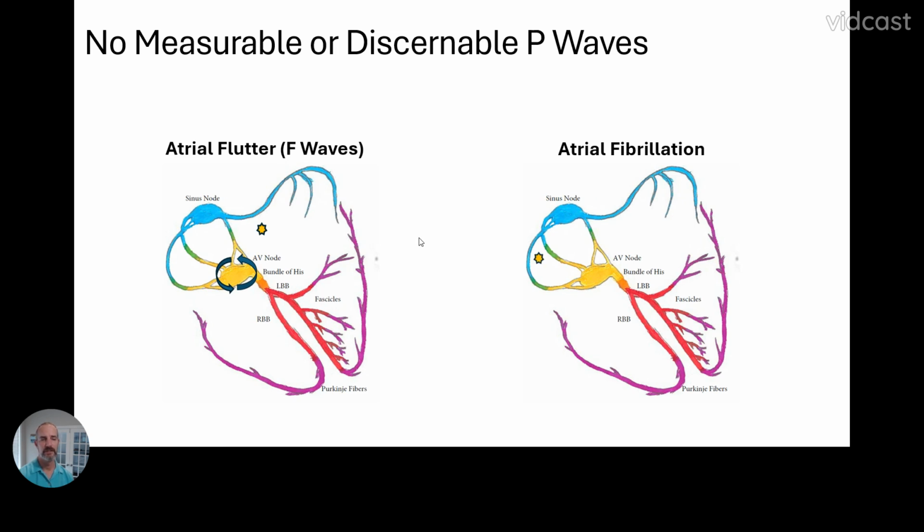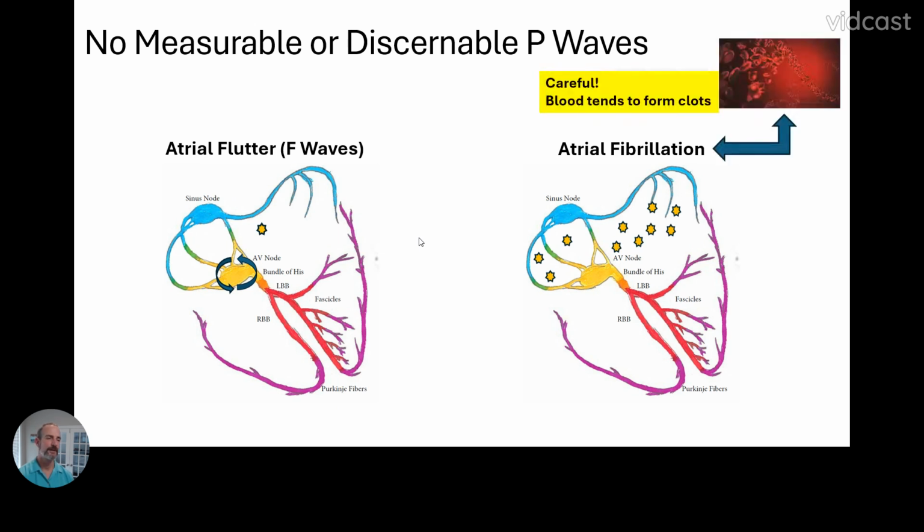All right, and then moving into atrial fibrillation, you can see in this case you're getting foci from all over the place in the atria. So it's chaotic, it's a mess, and you're getting an unorganized conduction in the atria, and it results in a fibrillatory pattern.